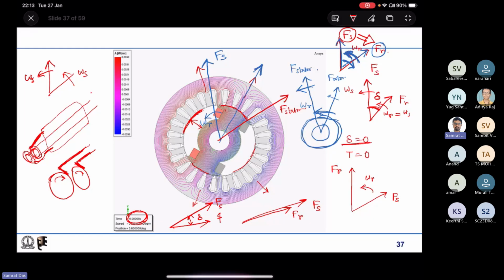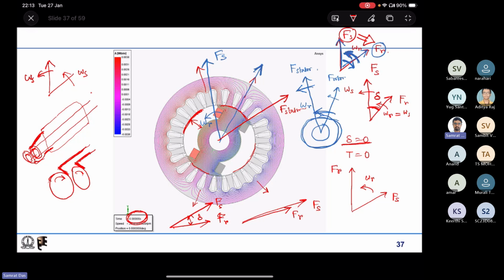Normally, if delta is zero, both fields are running at the same speed. Fs and Fr always run at the same speed.